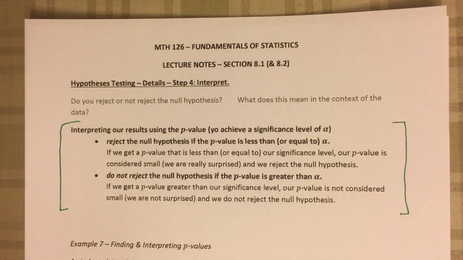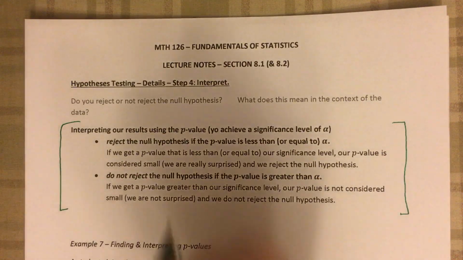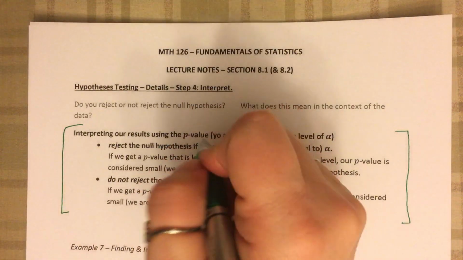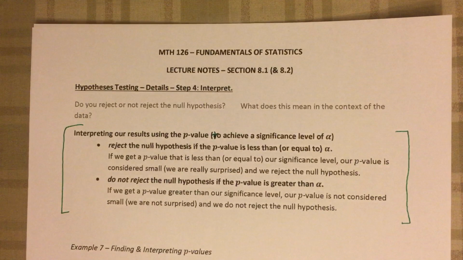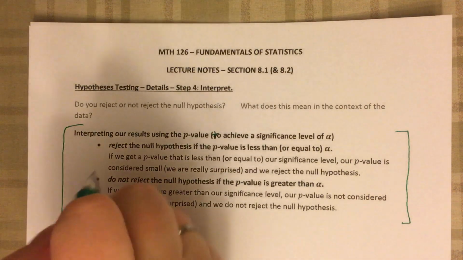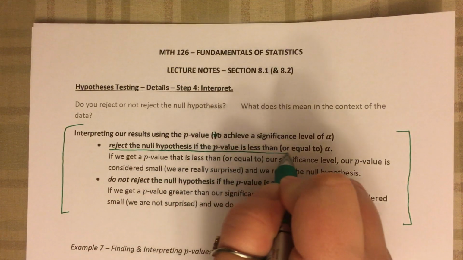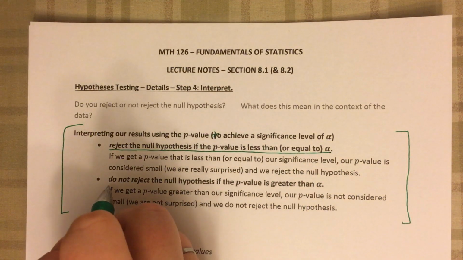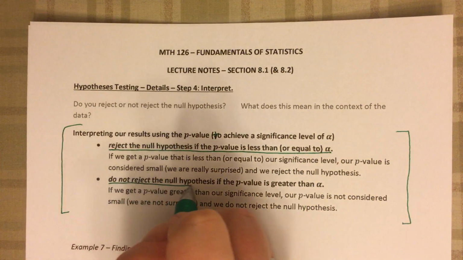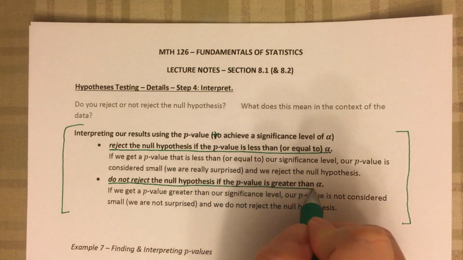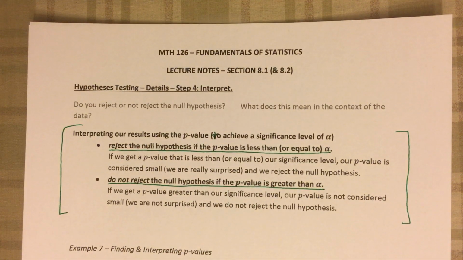Right? So using our p-value to achieve a significance level of alpha, we are going to reject our null hypothesis if the p-value is less than or equal to alpha, and we are not going to reject our null hypothesis if the p-value is greater than alpha.